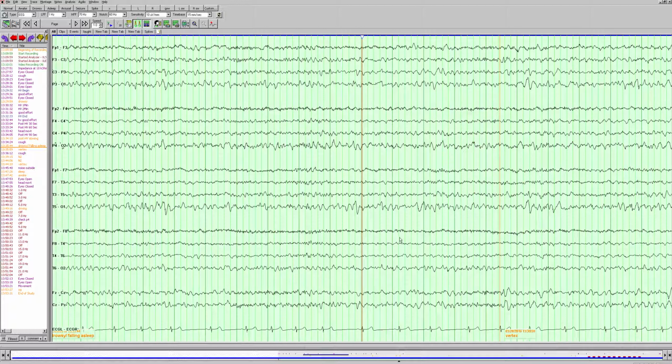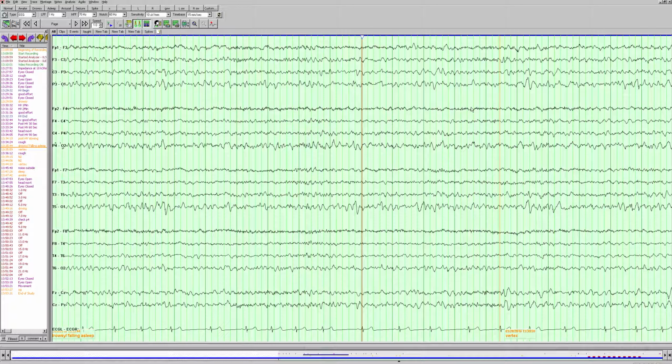Now, I just want to point out that sleep activity is seen in the vertex. Most of the sleep activity we see is in the center of the head. And so that's where you're going to see a lot of your sleep activity as you're looking in these leads and down here. Vertex waves are a feature that we also see during drowsiness or stage N1 sleep.